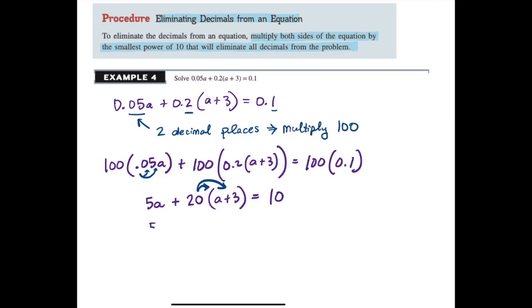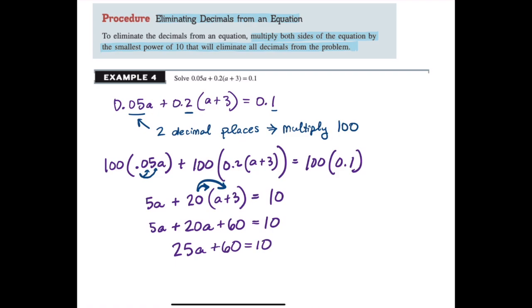So now I have 5a plus 20 times a is just 20a. 20 times 3 is 60. This is equal to 10. Let's combine our like terms. On the left side, I have 5a plus 20a. So that will give us 25a plus 60 equals 10.